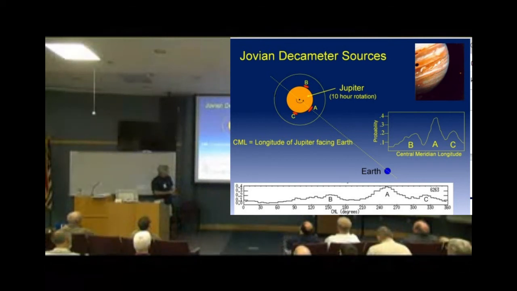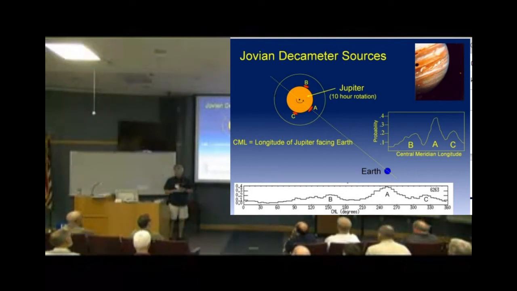So we can plot these data as a probability of observing Jupiter, so you don't get it all the time, as a function of the longitude, and we get 3 main peaks, A, B, and C here. And you can imagine those are tied to the magnetosphere of Jupiter. So they're spinning around and emitting radio signals. Sometimes they do, sometimes they don't.